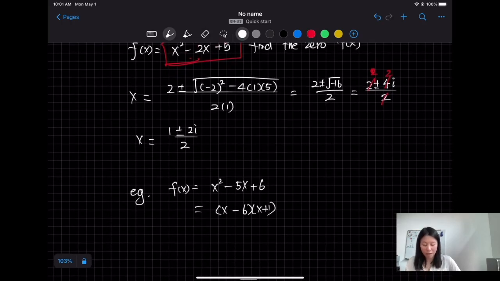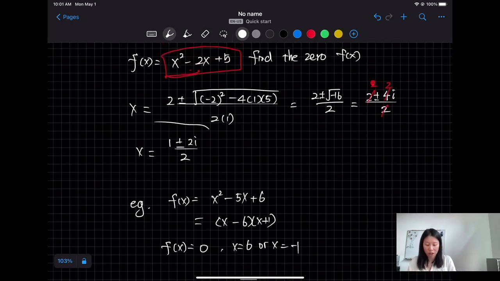And if the whole function equals 0, I will have x either equals 6 or x equals negative 1. So here is similar, since now we have the zeros.